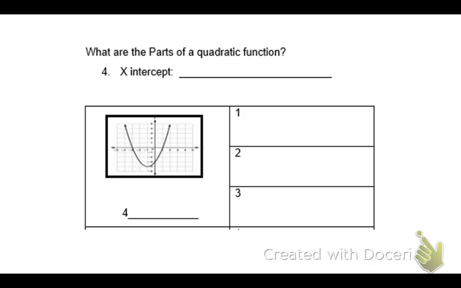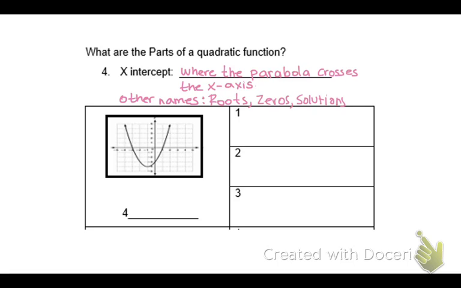We're going to move on to the following part, which is the x-intercepts. The x-intercept is where the parabola crosses the x-axis. Other names for the x-intercept are roots, zeros, and solutions.